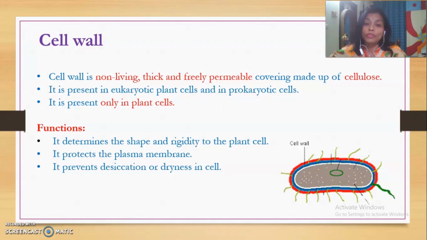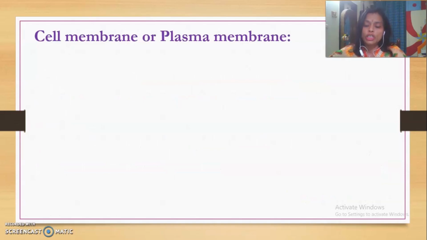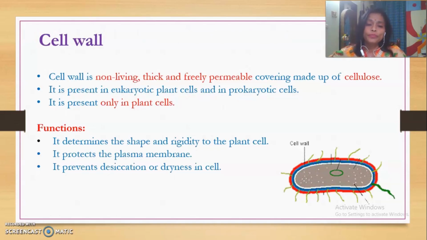So, the same function is being done by the cell wall here. It determines the shape and rigidity of the cell. Besides that, just inside the cell wall is the cell membrane, so it also protects that cell membrane and also prevents the dryness of the cell.